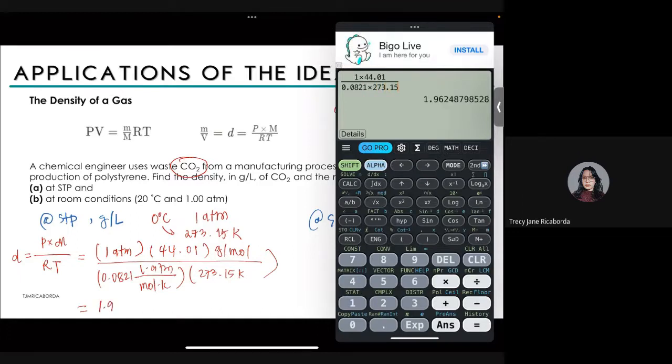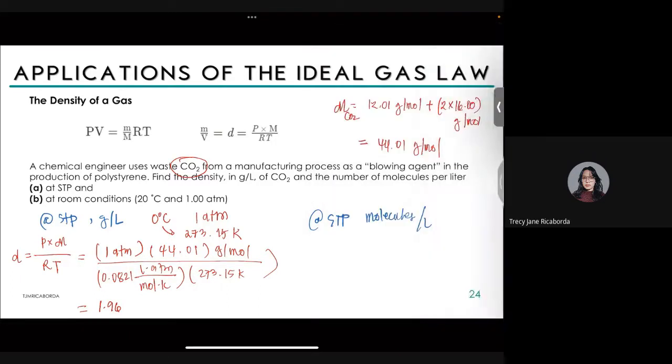Equals 1.96. Three significant figures, right? Hindi natin isasali yung 0 degrees Celsius ha. Hindi pwedeng one significant figure lang, tapos calculate ka ng ganyan. Because it becomes 2 grams per liter, and that's very big discrepancy yung 0.04. Masyadong malaking discrepancy yan.